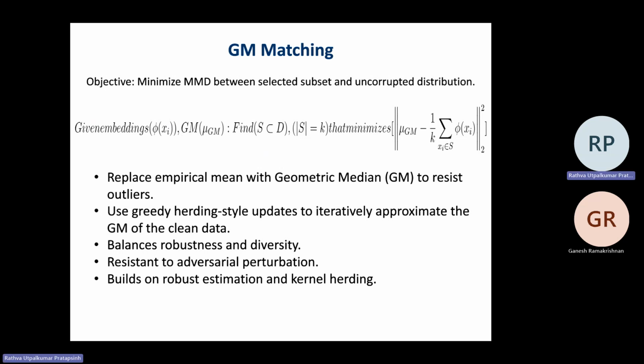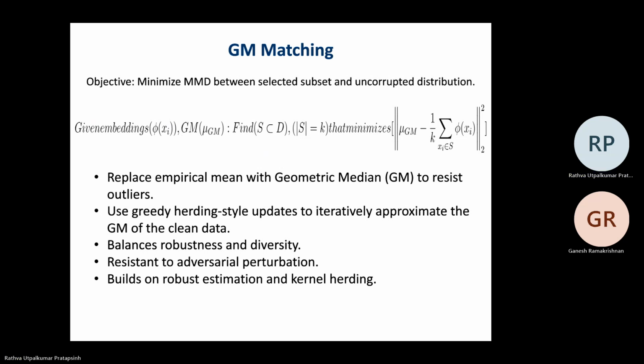In the kernel embedding, we map the data points through a feature map that projects them into a kernel Hilbert space. It is very rich. Basically we do this embedding to calculate the mean embedding, which is useful for calculating the MMD.